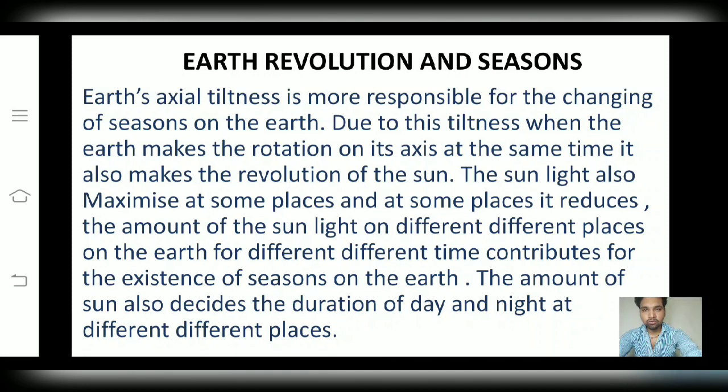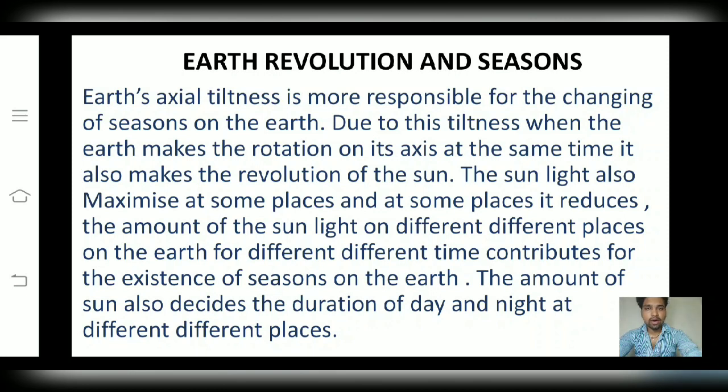Due to this tilt, when the earth rotates on its axis, at the same time it also revolves in an elliptical path, and the part which faces sun rays directly may feel much hotter than another part. So at different places we feel different heat variation, and this heat variation also contributes to making seasons.